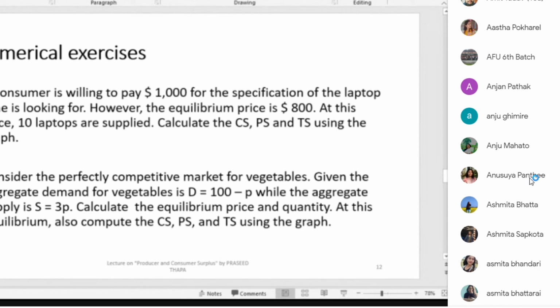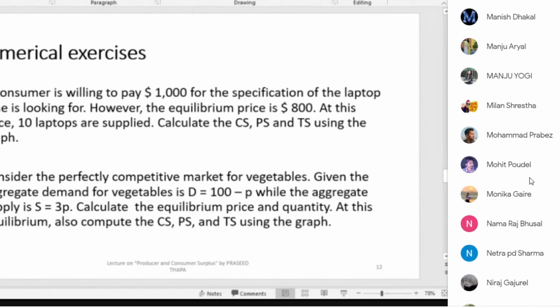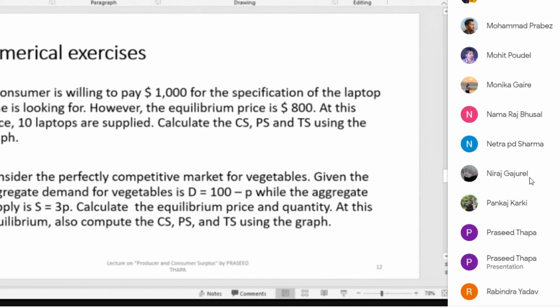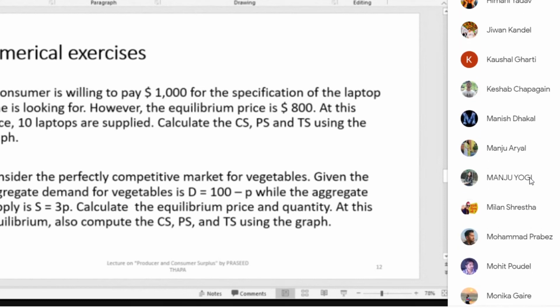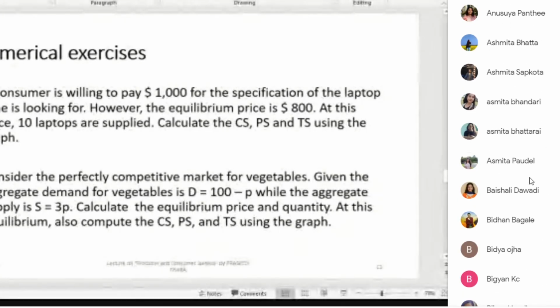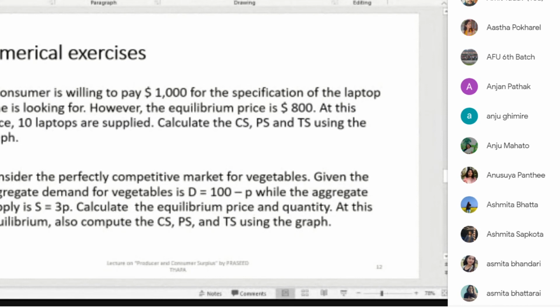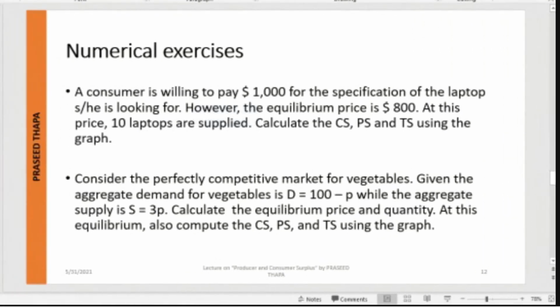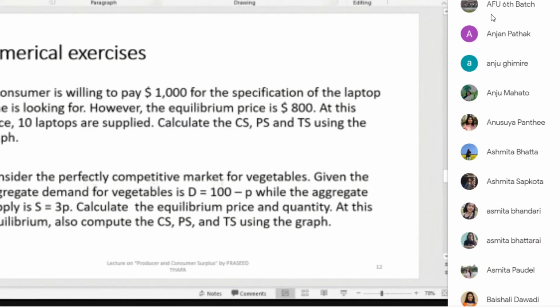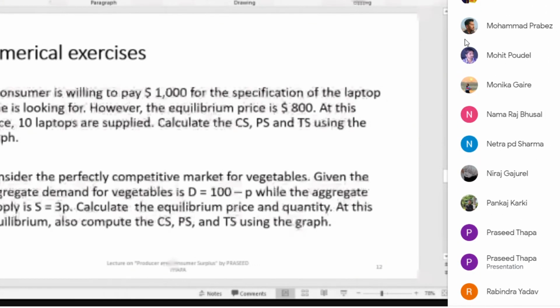From the equations D equals 100 minus P and S equals 3P, in the market equilibrium we know that D equals S. Solving that, we get P equals 25, and P means price. After substituting the value of P in both equations D and S, we get demand D equals 75 and S equals 75. For drawing that, I use the math technique.